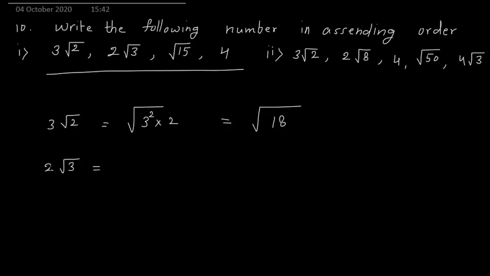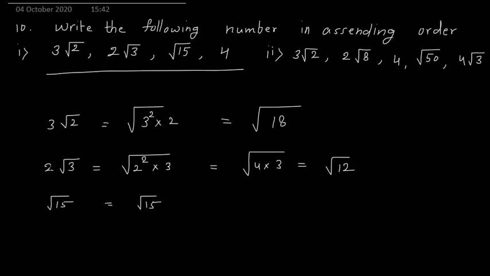This 2 root 3 can be written as root of 2 square into 3, which is 4 into 3, which is root 12. Next I have root 15. So this is in root only. Next I have 4. So I can write this as root of 4 square, which is root 16.